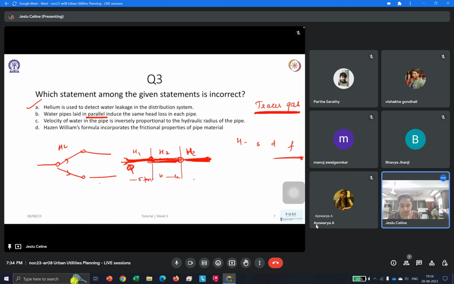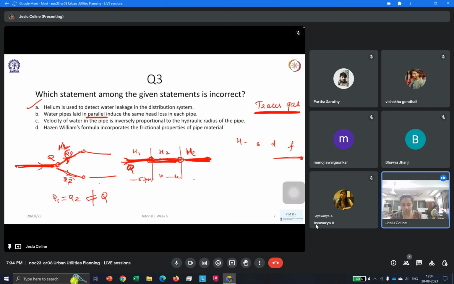Whereas in parallel, it is the discharge which changes, because if Q discharge comes over here, it becomes Q1 and Q2. Q1 might be equal to Q2, but it is not equal to Q. That is the whole point. The discharge gets split, but the head loss in each of these remains the same.